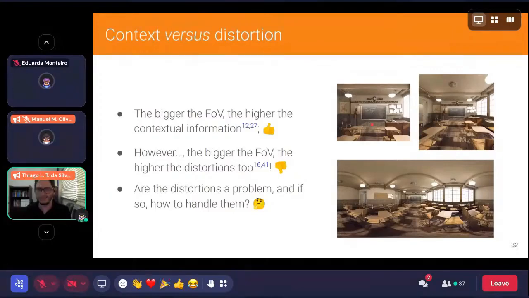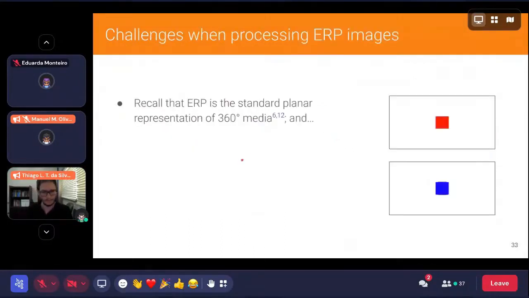As we move to those other mappings, we have these distortions that are induced by the field of view adopted in that case. So we need to be aware of this, and maybe we need to tackle these problems in the future.